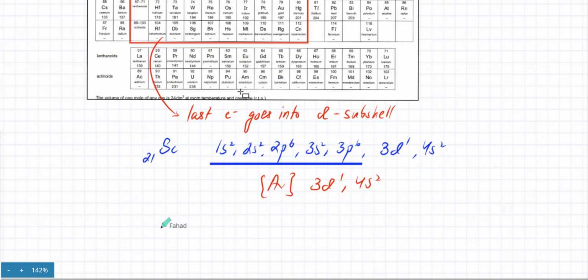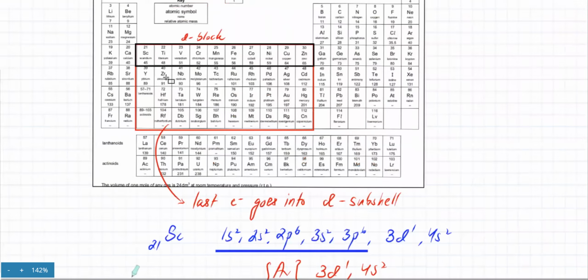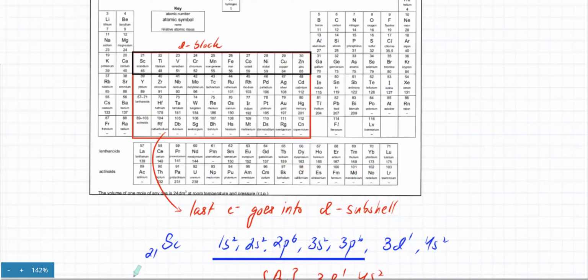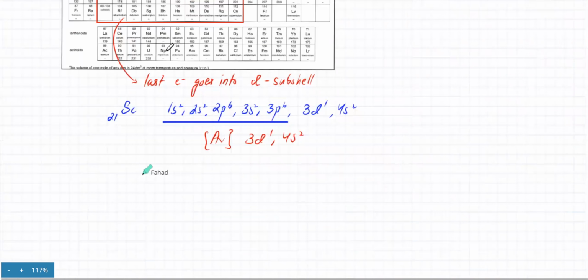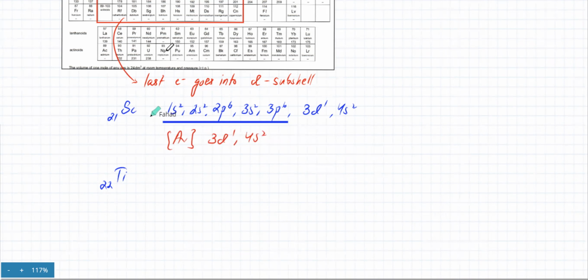After scandium, the element is titanium. Titanium is going to have exactly the same electronic configuration. If I write the electronic configuration of titanium, that is 22 electrons. Nothing would change.